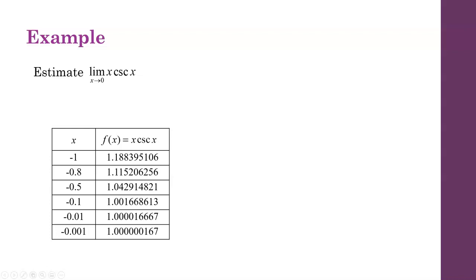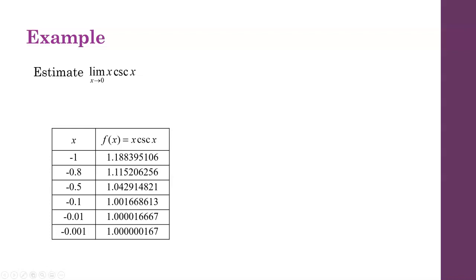And as I got closer and closer to x being 0, so in this case x is getting gradually smaller and getting close to 0, you will notice what's happening to the value of the function. The value of the function is getting closer and closer and closer to 1.